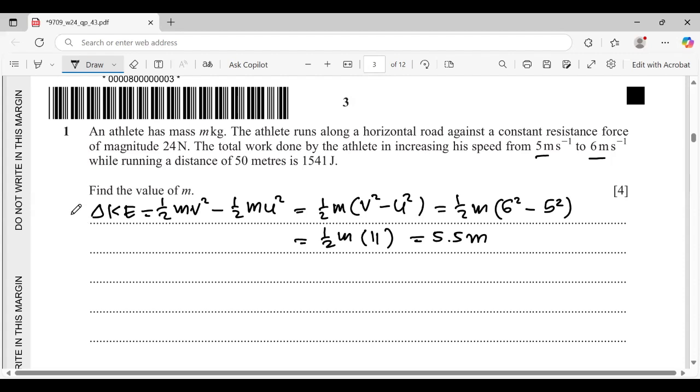And the next step, I'd like to find the work done. The work done equals the change in kinetic energy plus the work against resistance.